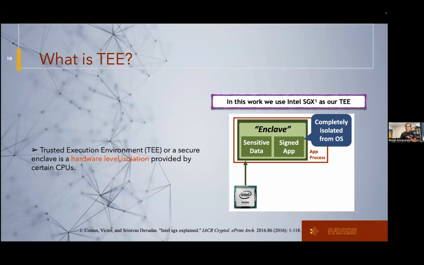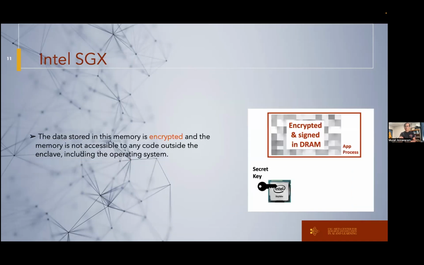Even if you have administrative capability, you can't see what's inside the enclave. You can kill the enclave, but you can't actually peer into the data or the application code inside the enclave. Those are the capabilities of a TEE.